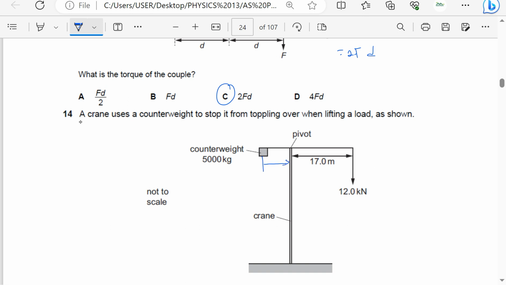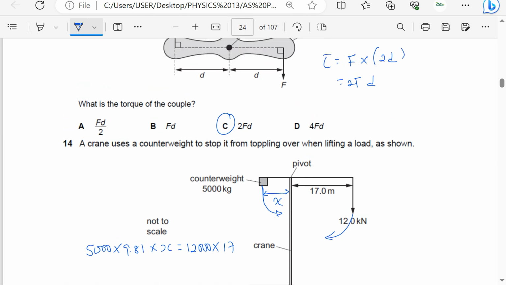So how far from the pivot? I'll call this one simply x. And taking moments about the pivot, 5,000 times 9.81, that is the force due to that weight, times its perpendicular distance x should be equal to, this is of course going to cause an anti-clockwise moment when this causes a clockwise moment. So this is going to be 12,000 times the perpendicular distance, which is 17.